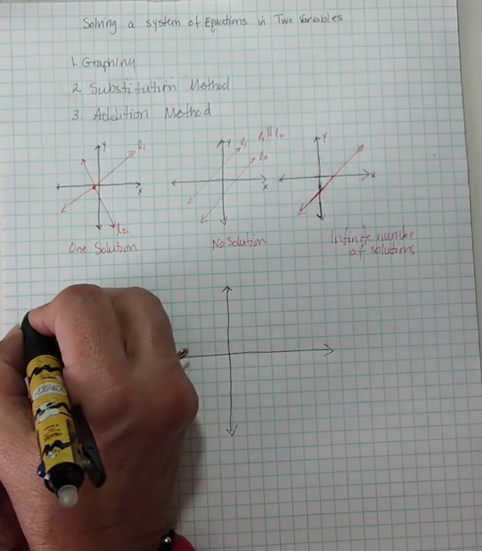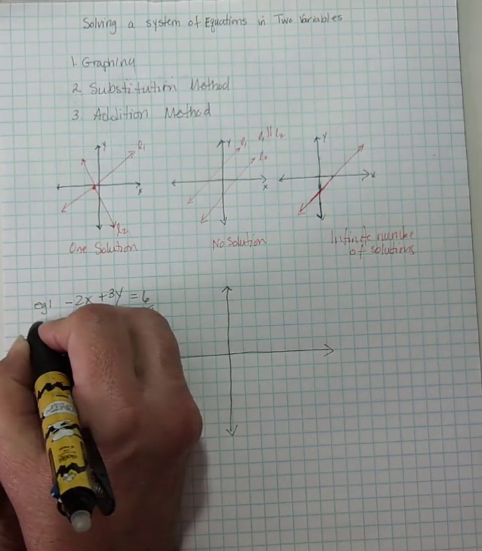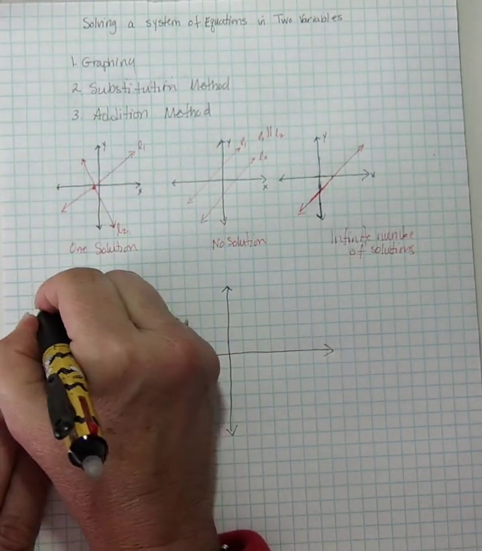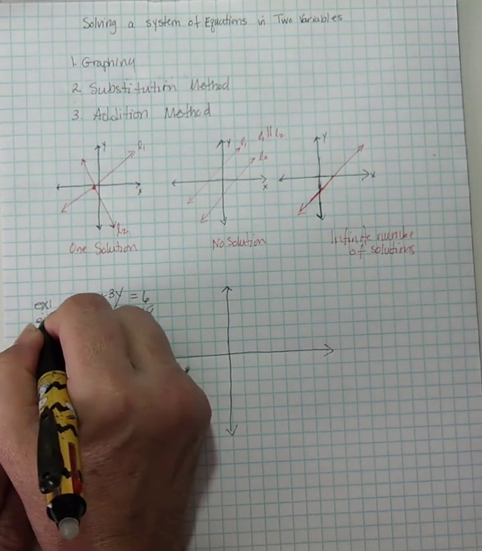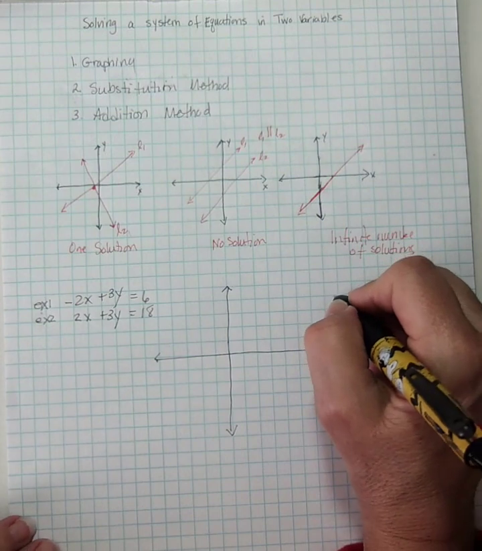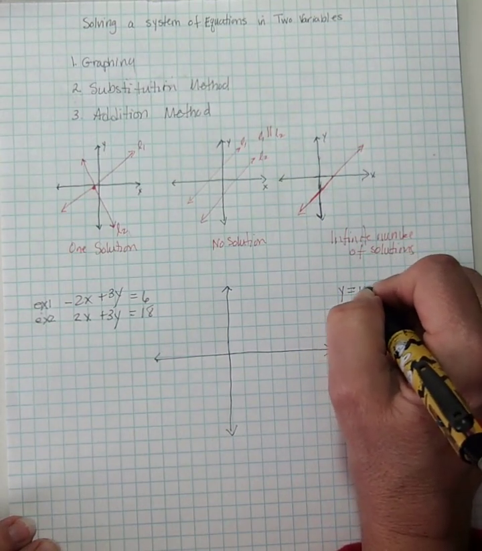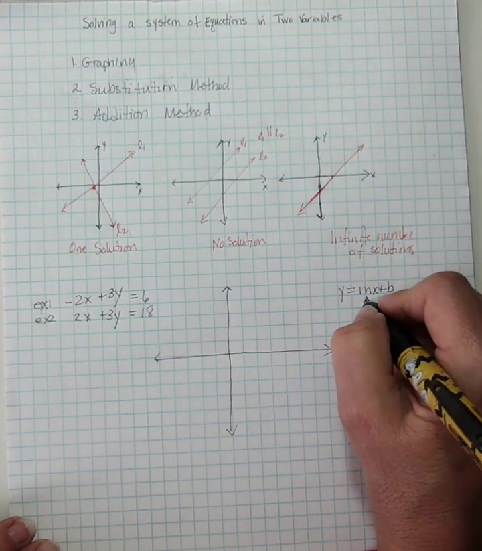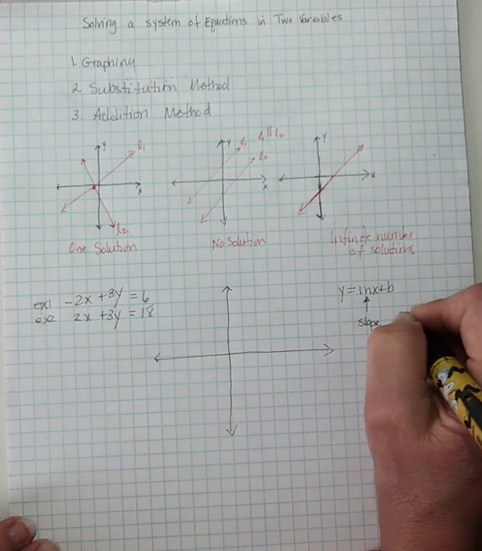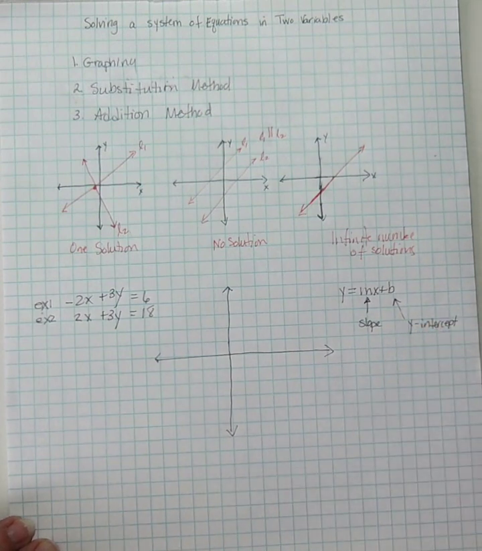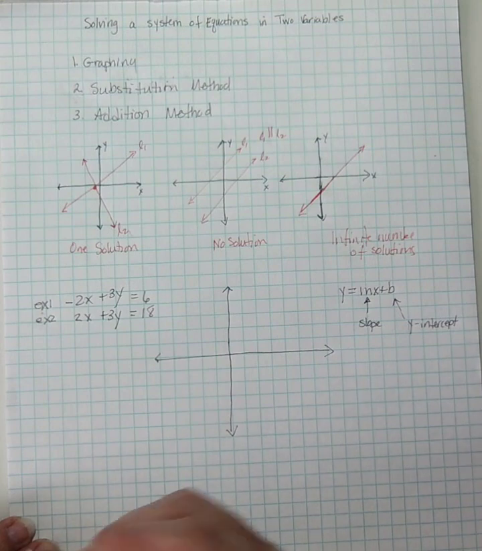I take equation 1 and equation 2, and I'm going to solve for y. I'm going to put it into y equals mx plus b form, where I can have the slope and the y-intercept and be able to graph that equation.